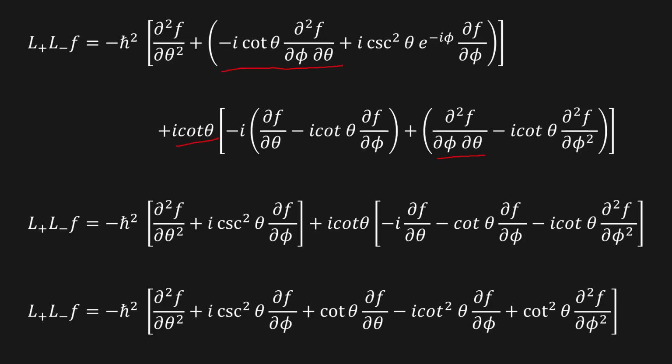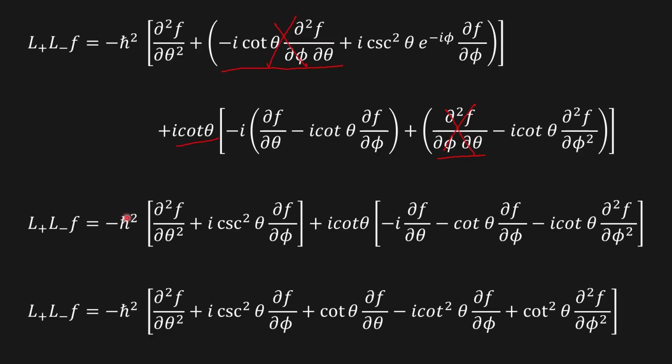So if you compare these two, both are equal and opposite in direction. That is, this is minus, this is plus I cot theta delta 2 f over delta pi delta theta. So this term and this term will get cancelled. Then you rewrite the remaining terms.